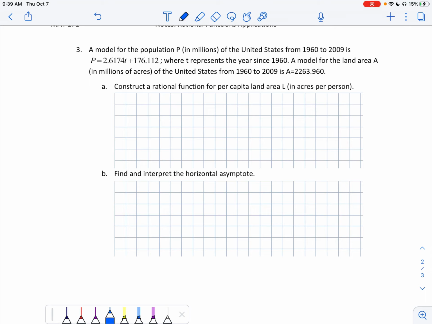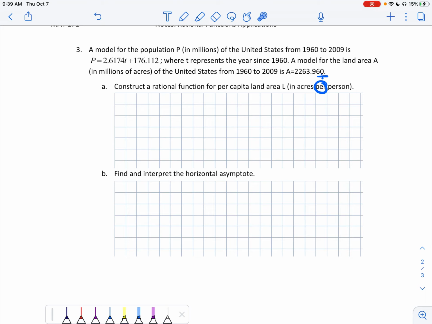Remember, anytime you see that word per, that's basically telling you in your fraction, that's where you're going to put your division symbol. So per means divide, essentially. So if we are looking for the per capita land area in acres per person, that means we're trying to construct a rational function. We want acres on top divided by the number of people.